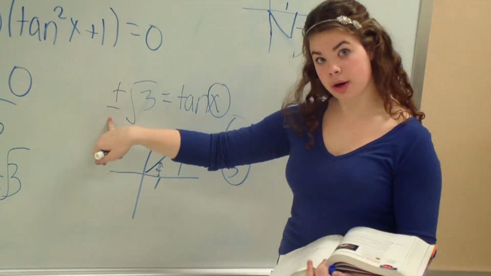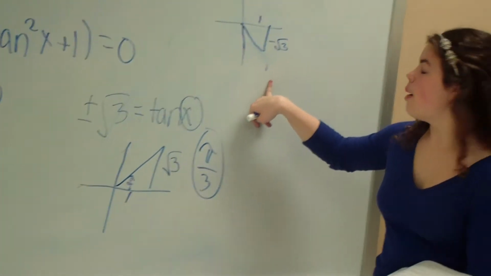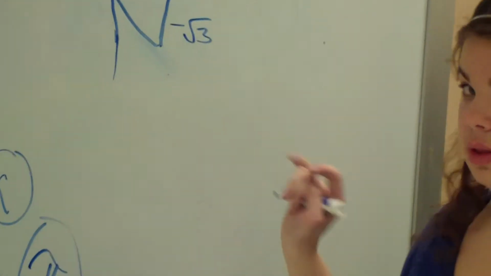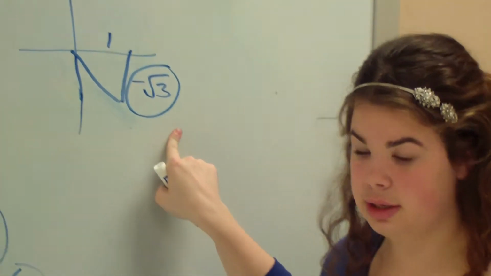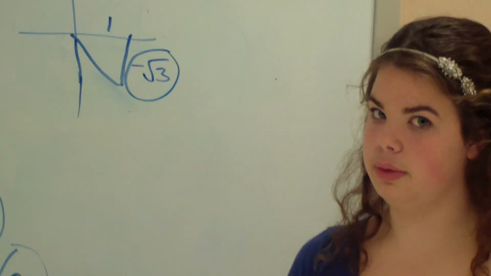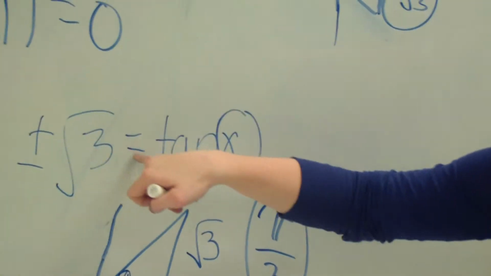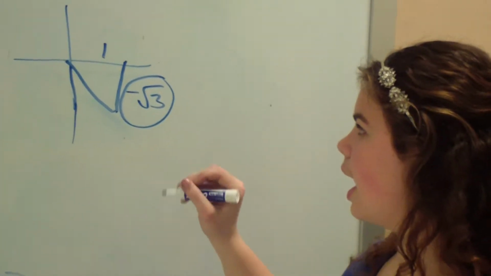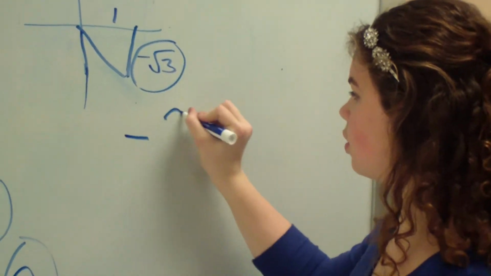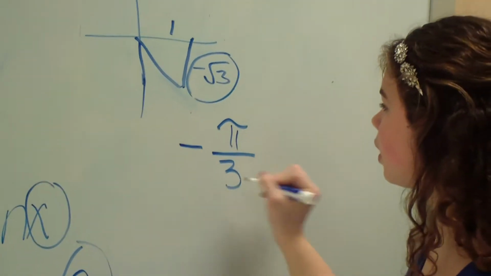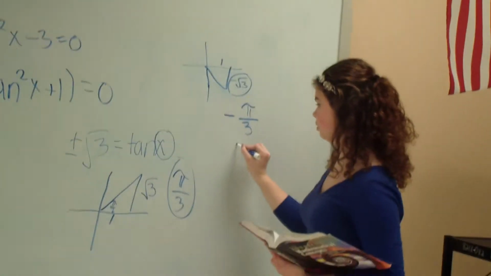As for the negative part of this equation, we can look at the fourth quadrant. Because tangent is negative in the fourth quadrant, you would have negative square root of 3 as your sine value and 1 as your cosine value, because that's how you're going to get your tangent value of negative square root of 3. So if it's in your fourth quadrant, your answer is going to be negative pi over 3 or 5 pi over 6.